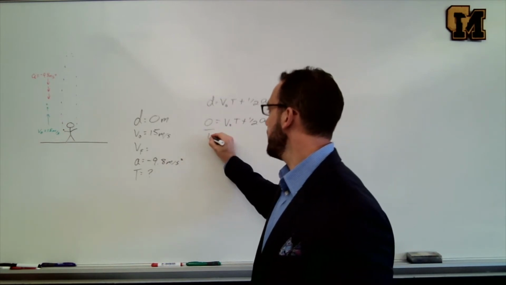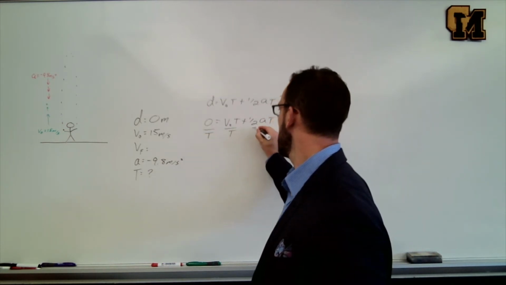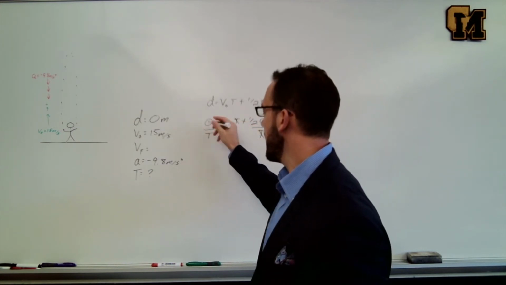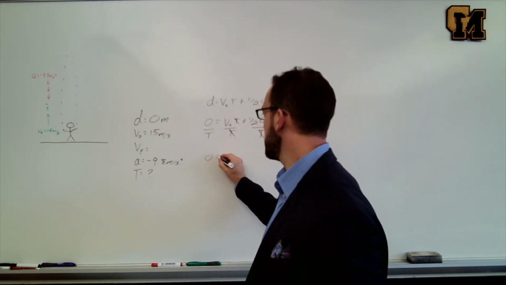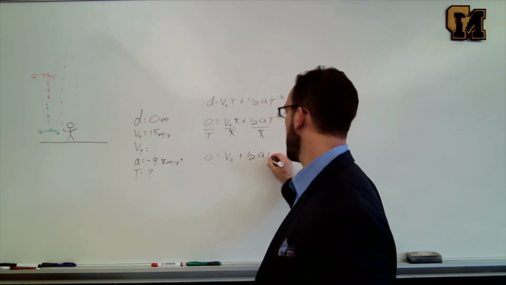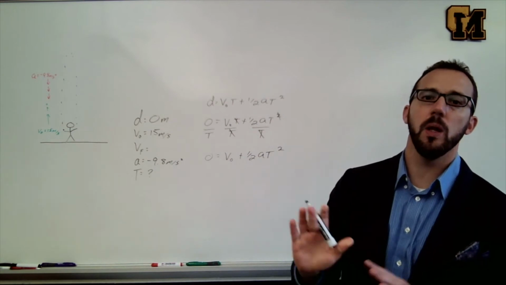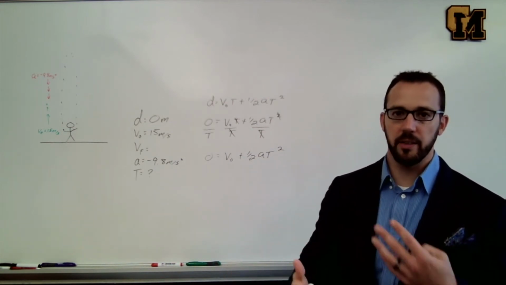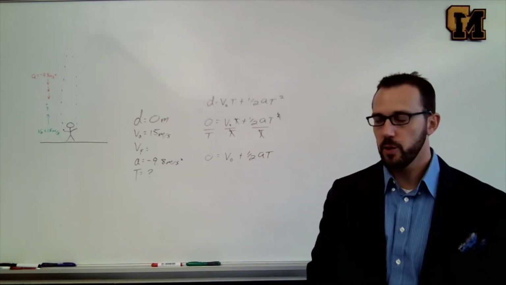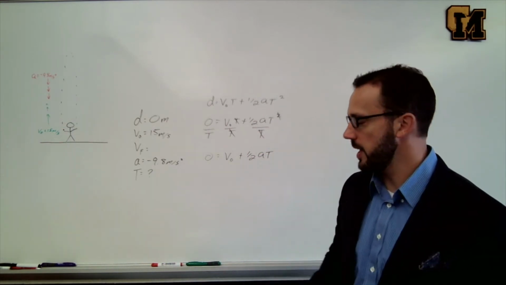So if I divide everything by time, that's going to go away, that's going to go away, and that's going to remain 0, giving me 0 equals V naught plus 1/2 AT squared, which is a whole lot easier to do than having to do the quadratic formula. Oh, and we got rid of the squared when we divided by T. Should have written that, force of habit.